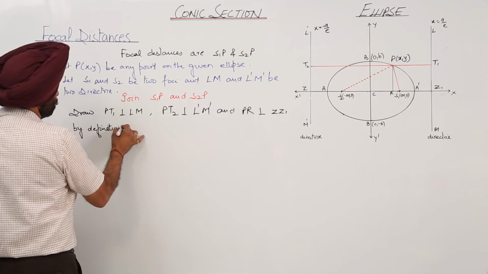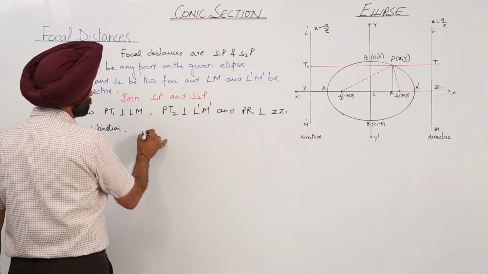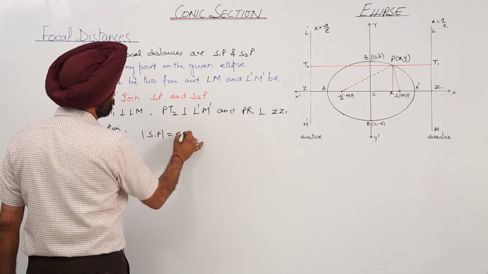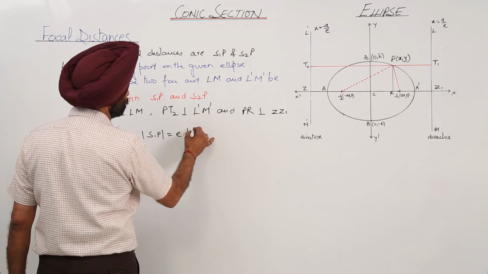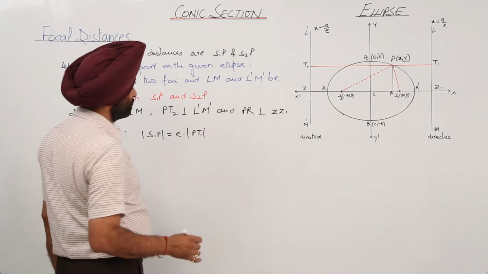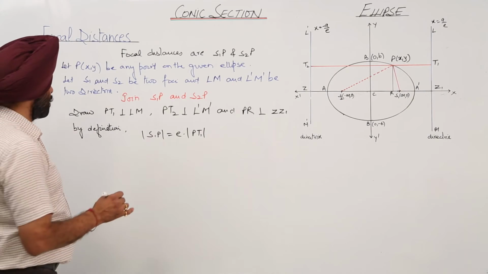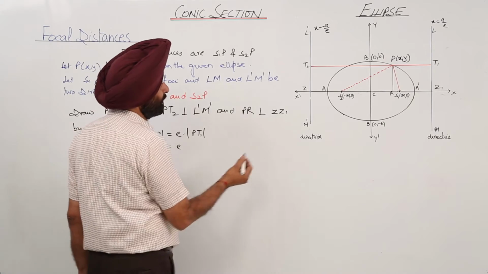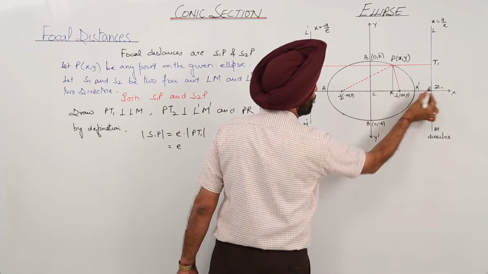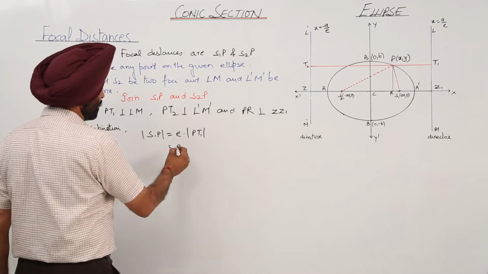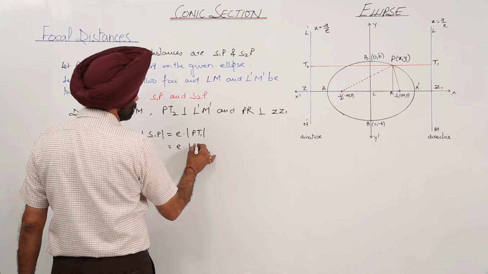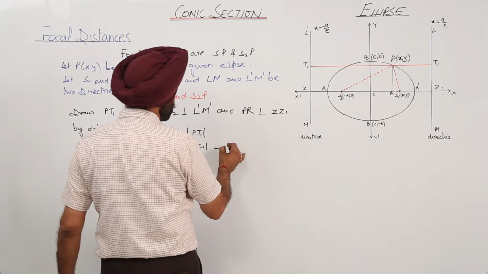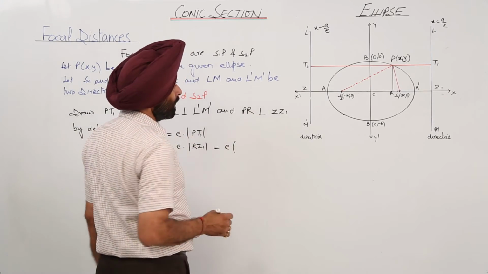Now by definition, the distance S1P is equal to e times the distance PT1. Is it clear? Now PT1 and RZ1 are one and the same thing, so this is equal to e times RZ1.